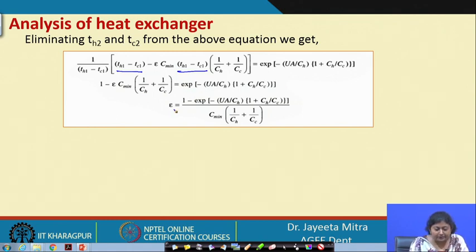So effectiveness can be termed as 1 minus exponential minus UA by Ch into 1 plus Ch by Cc divided by C minimum into 1 by Ch plus 1 by Cc.